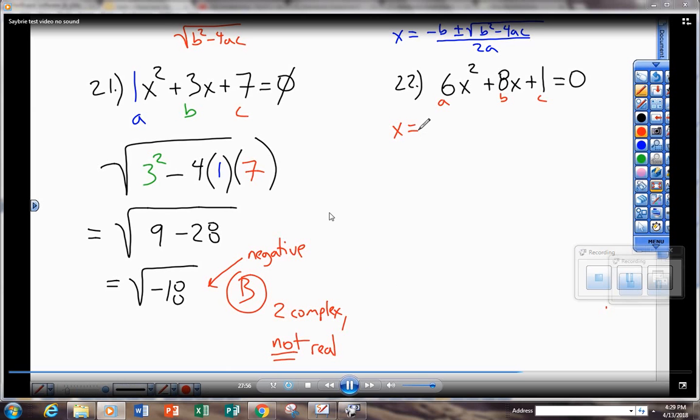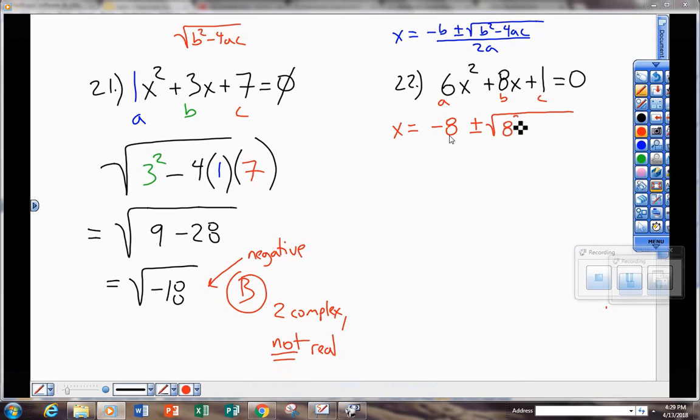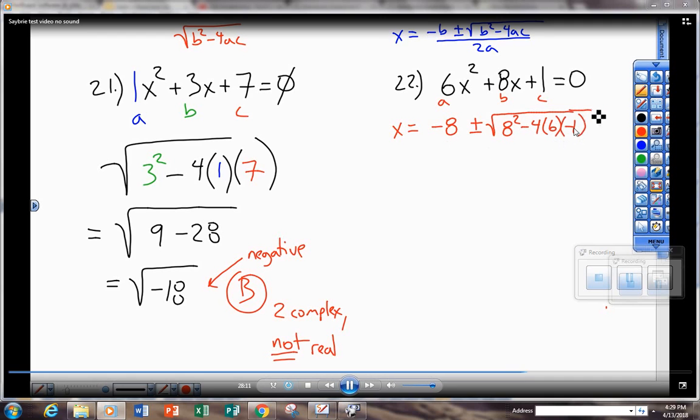So x equals negative b, which is negative 8, plus or minus the square root of 8 squared minus 4 times 6 times 1. And for some reason I put negative 1 in here, so what you might want to do right away is change that to positive 1. I'm not sure why I put negative 1 in there.